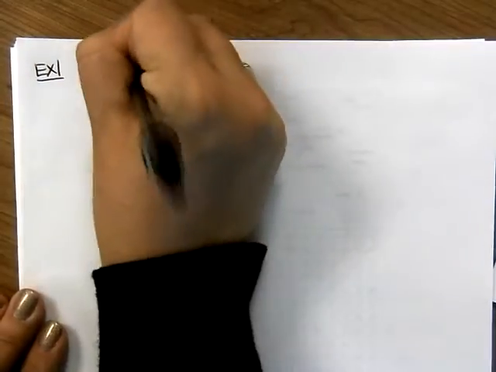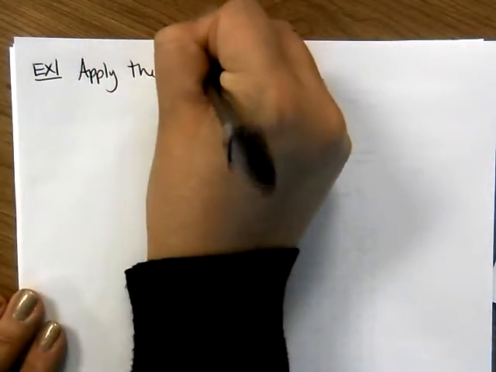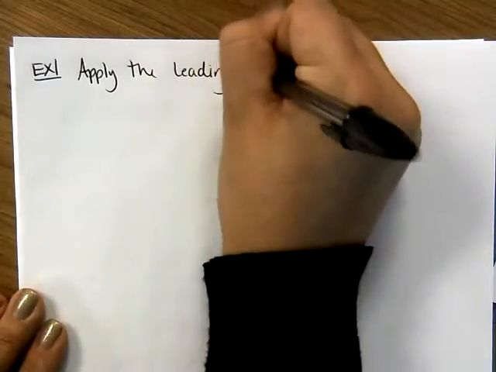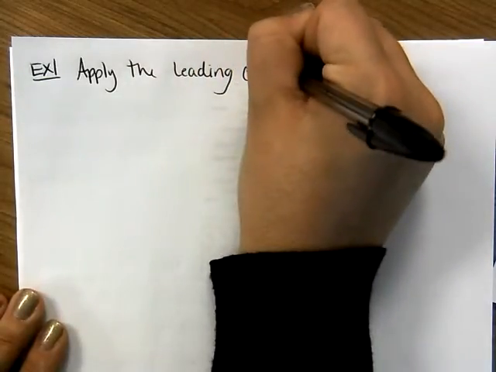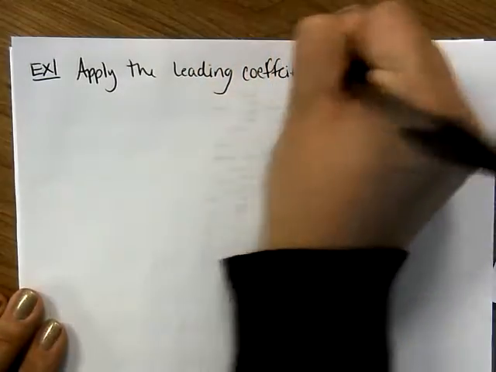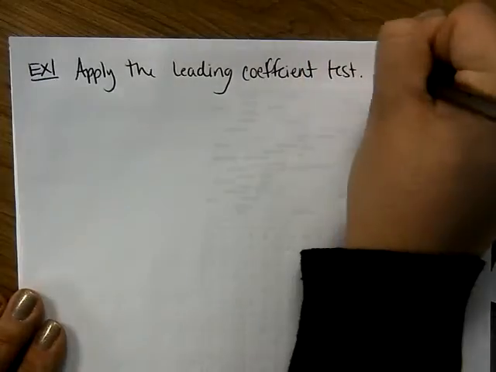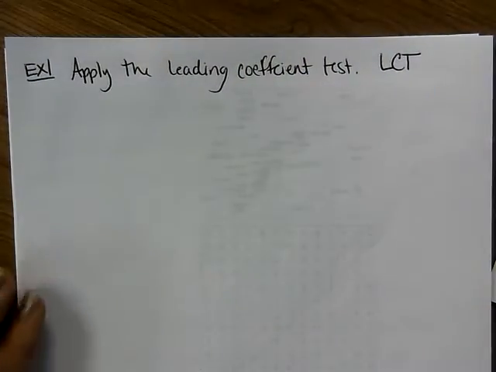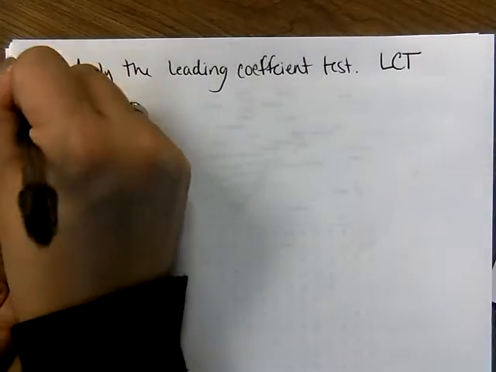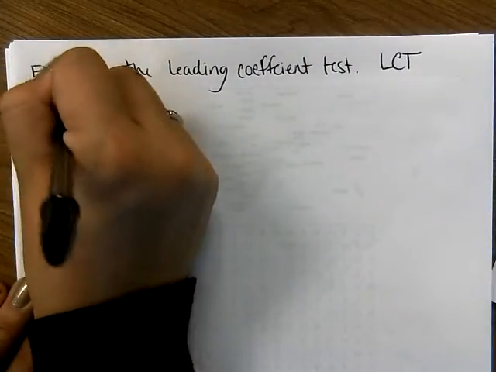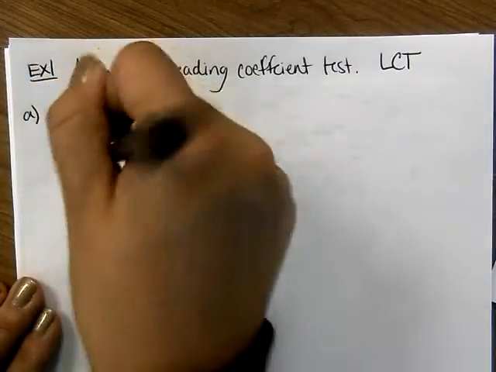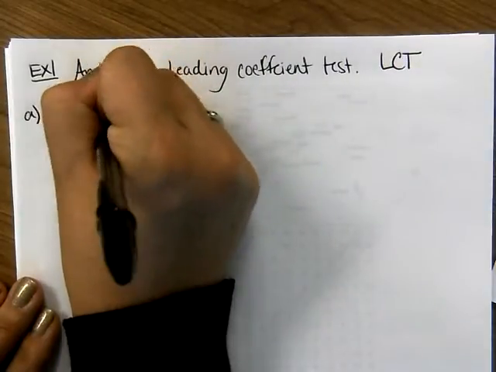All right, so we'll call this example 1. Apply the leading coefficient test. We'll just call it the LCT, just to abbreviate, okay? So if I give you f of x equals, I'm just going to give you 3 of them, and then you figure out what they do.